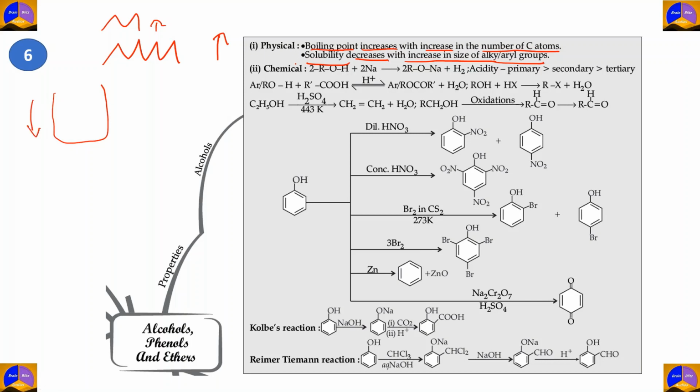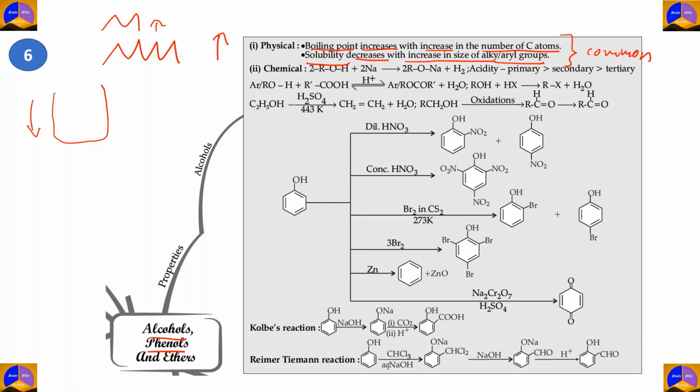So the shorter the compound, the greater the solubility. Let's look at chemical reactions of alcohols. By the way, the physical properties are common. Both alcohols and phenols have the same physical properties. It's in the chemical properties that they vary.